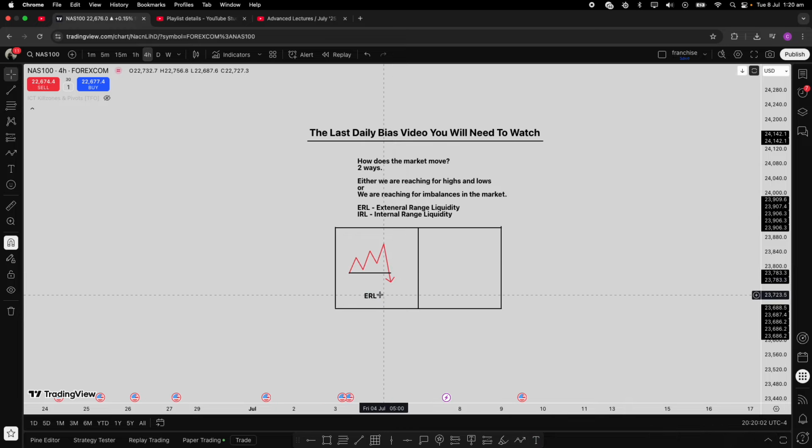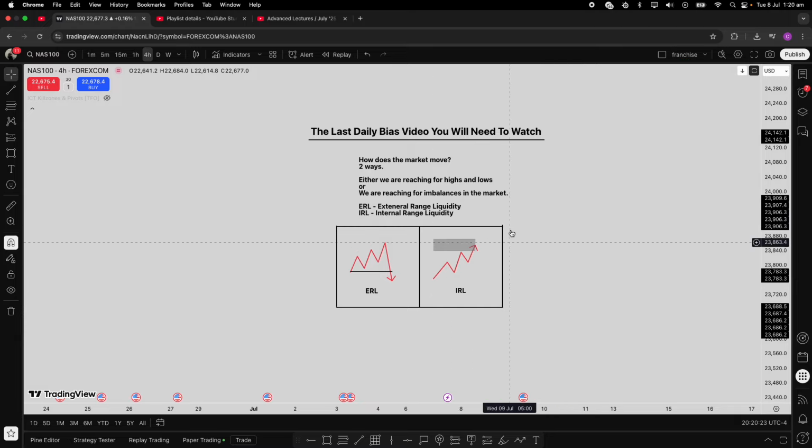old highs or lows. This is ERL, and then IRL here. We're either drawing to internal range liquidity. So this is how the market moves. At the bottom and top of this will be IRL.